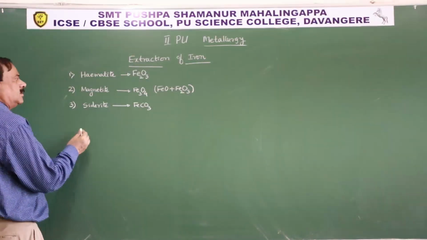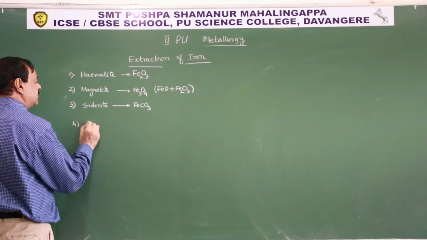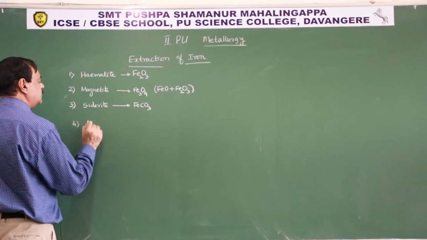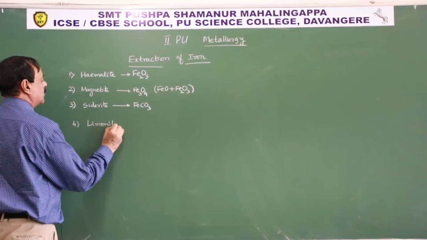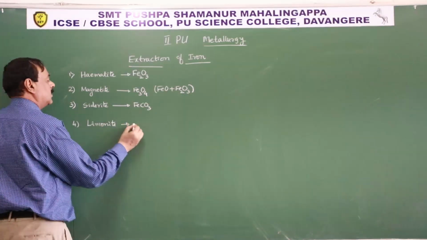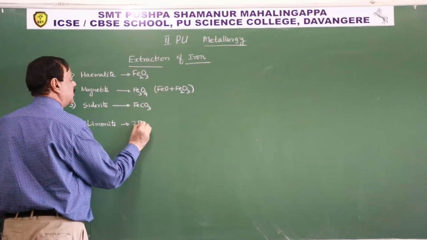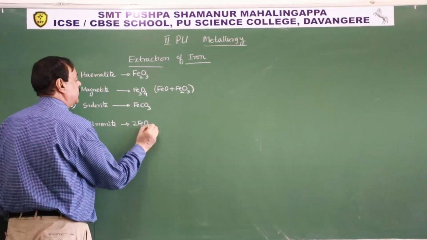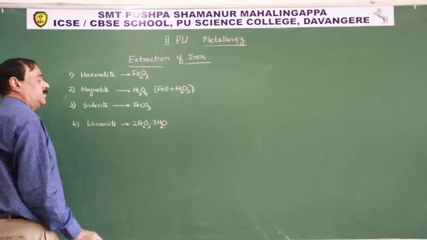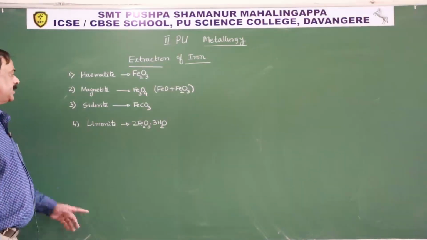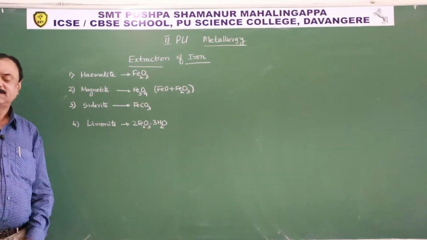Then limonite, a hydrated compound, 2Fe2O3.3H2O. This is a hydrated metallic oxide of the iron.